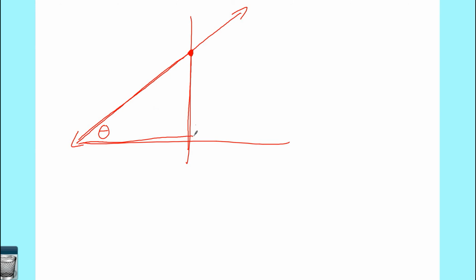So we know that this is the distance we run, and this is the distance we rise. And this whole lesson is called tangents, right? So the tangent of my angle, remember, is opposite over adjacent, SOHCAHTOA.